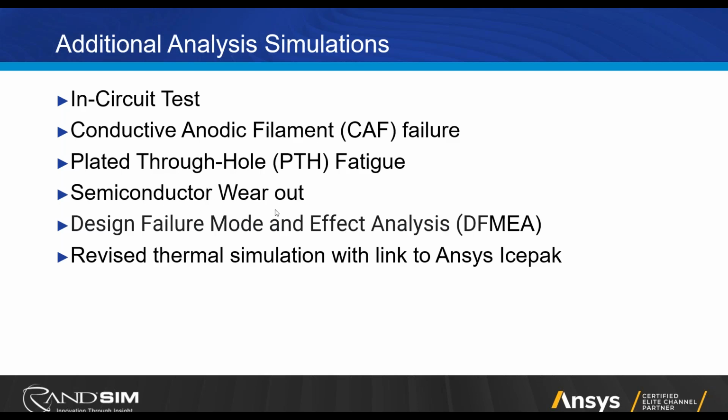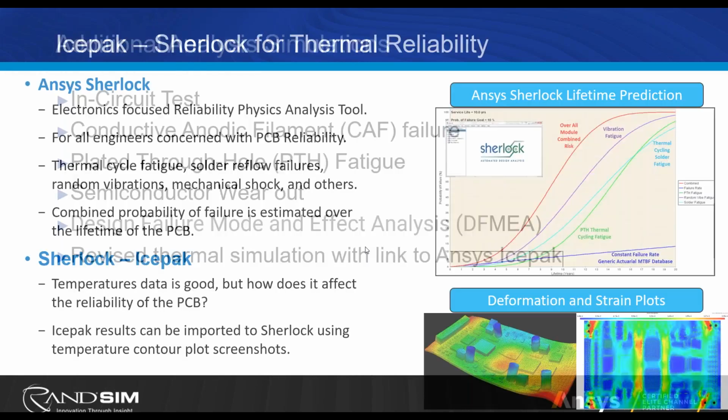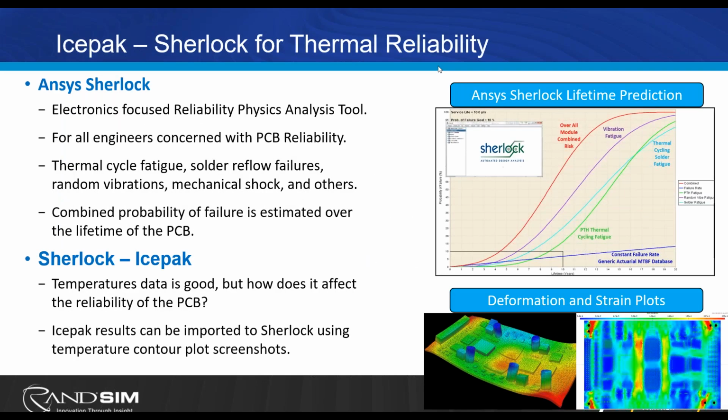It'll even model your semiconductors wearing down over time, and also do design failure mode and effect analysis. And the focus of our next couple of slides, it integrates very well with IcePak. So now we will show you a little design workflow here.